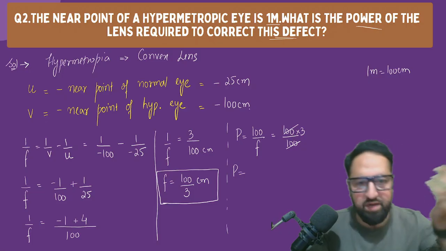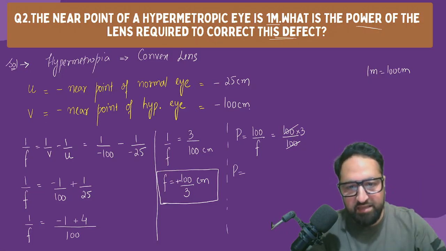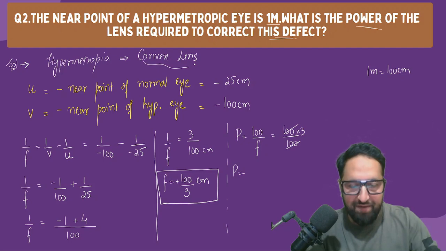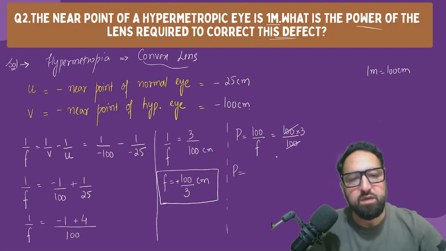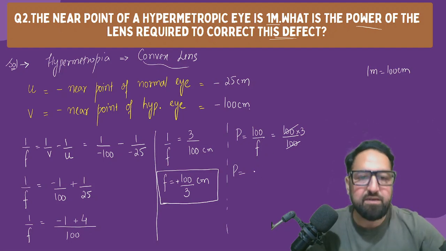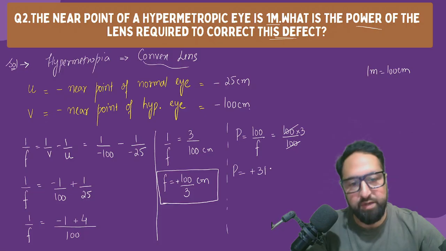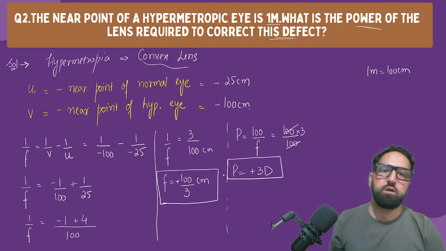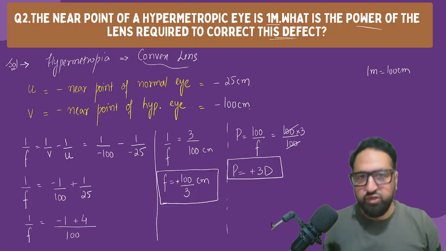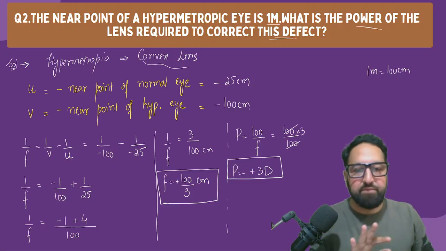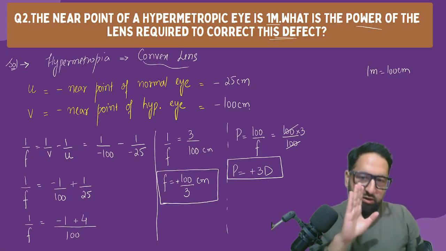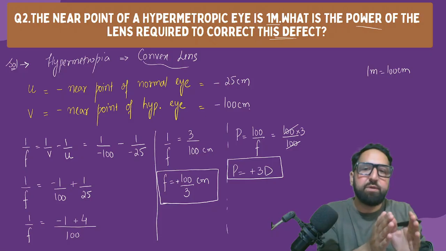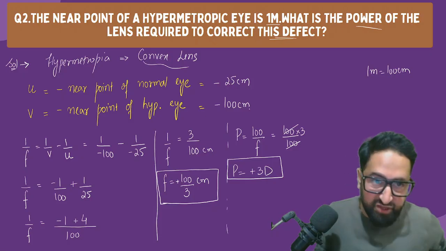No, you can't see the minus because the focal length is positive, because it's a convex lens, you already know that. So it remains plus 3 diopters. So what's the power of the lens which you require? Plus 3 diopters. Plus represents it's the convex lens, and 3 diopters represents the power of the lens which is required.